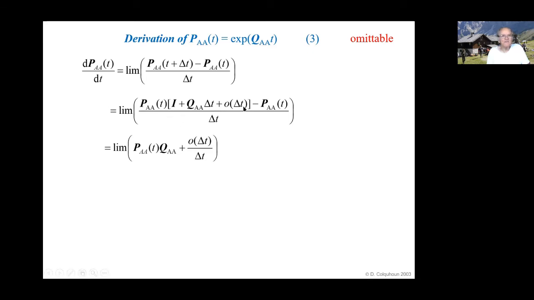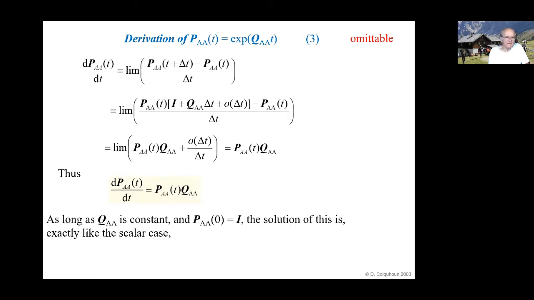When we multiply out this square bracket, PAA(t) minus PAA(t) disappears, and we're left with this plus this term, which vanishes as delta t goes to 0. So we're just left with dPAA/dt equals PAA QAA. And as long as QAA is constant, doesn't vary with time, then the solution of this is exactly like the scalar case.